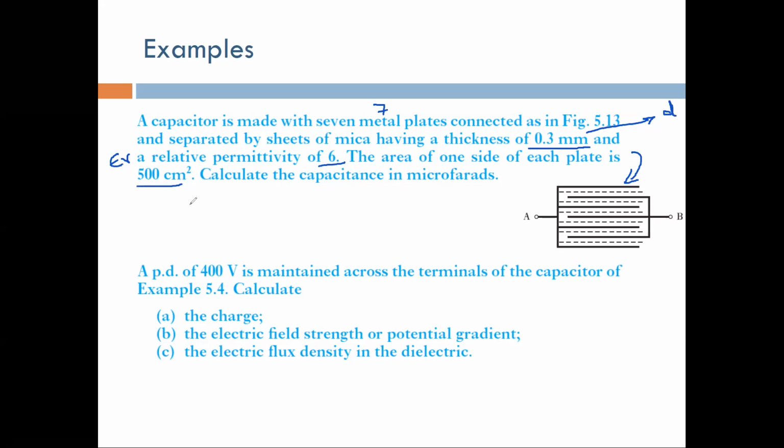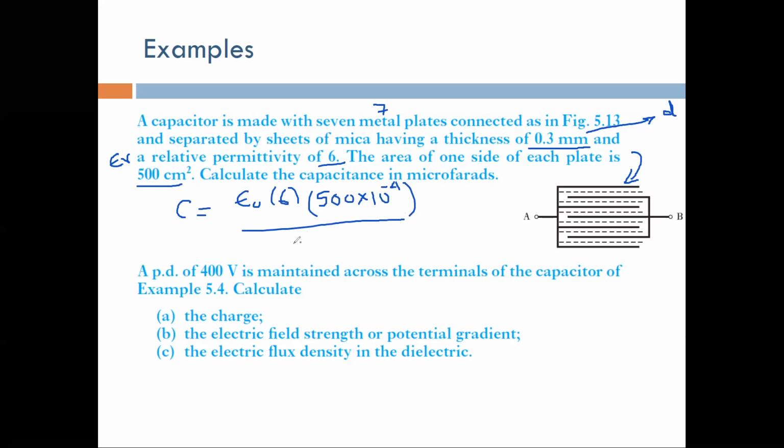So basically, the C here will be equal to what? Epsilon naught, which is a constant, epsilon R, 6, A, which is equal to 500 times 10 to the minus what? Minus 4, because it's a square, right? Yeah.